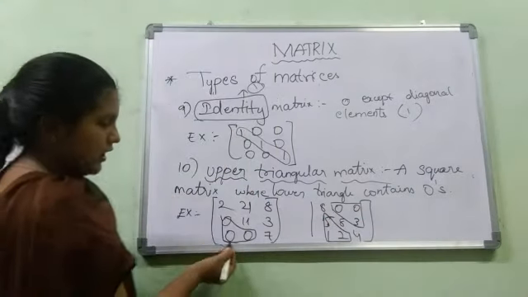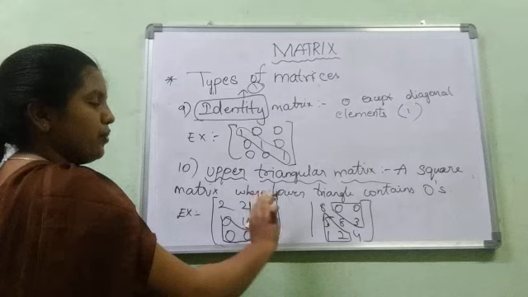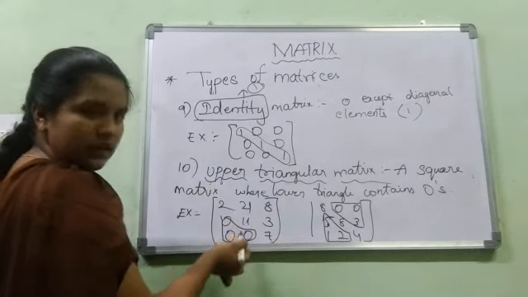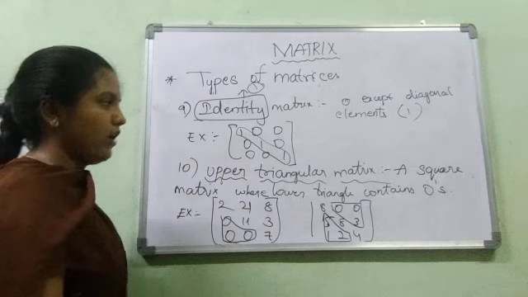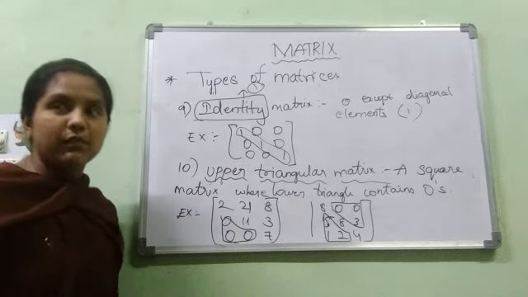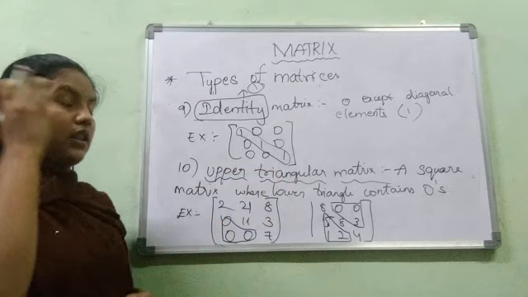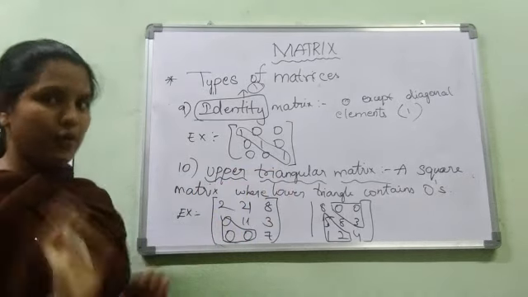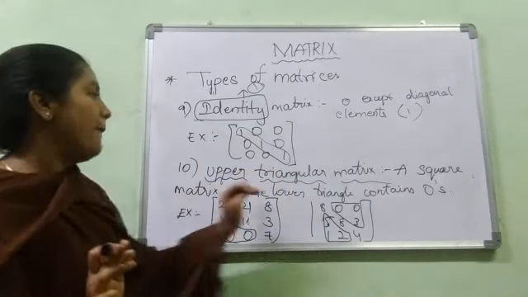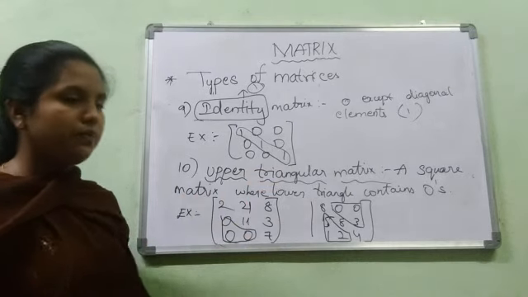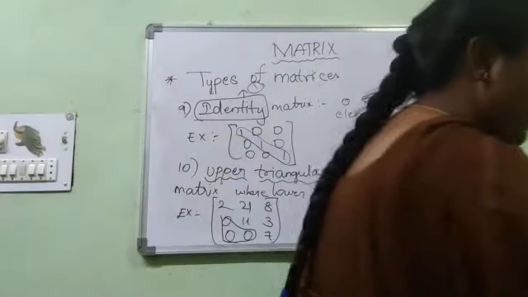Here, if you observe, a square matrix where lower triangle contains zeros. Here the lower triangle contains zeros. So it is called an upper triangular matrix. But some people will be confused; they'll think that the upper triangle should be zeros. No, it is wrong. So the upper triangular matrix contains lower triangle zeros. Okay. Keep it in your mind.